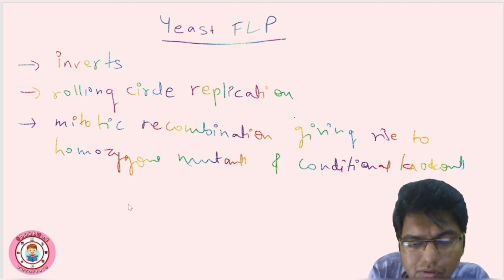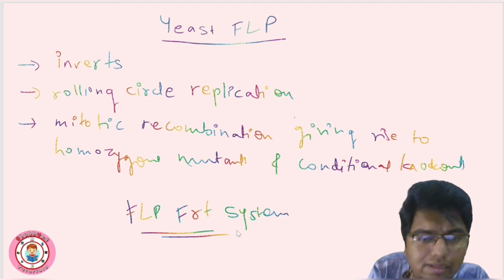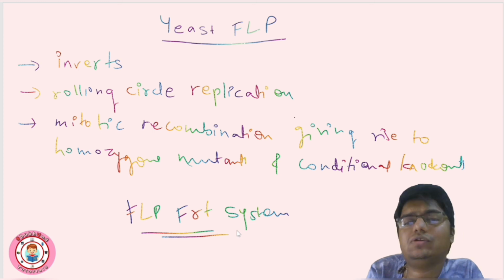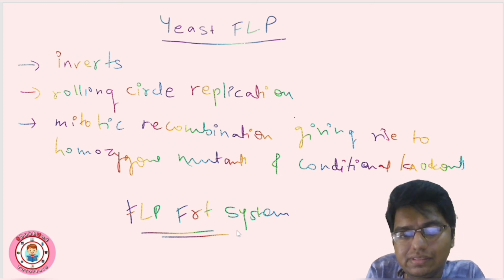So this FLP-FRT system is used for production of conditional knockouts and homozygous mutants in Drosophila with the help of mitotic recombination.